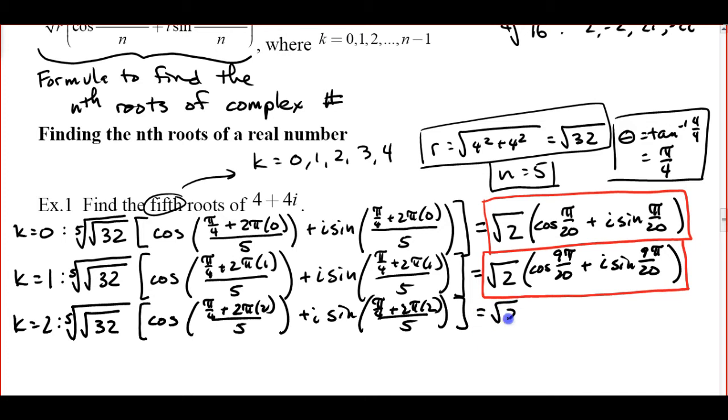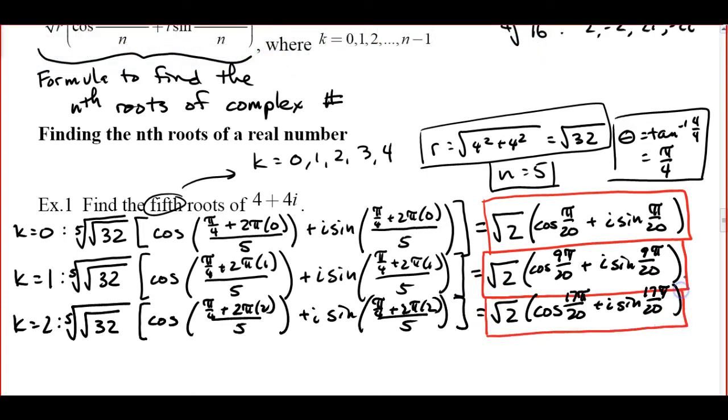And we're going to get, again, the square root of 2 times the cosine. Now I've got 4 pi plus pi over 4, and that's going to give us 17 pi over 20, plus i times the sine of 17 pi over 20. So there's our third.